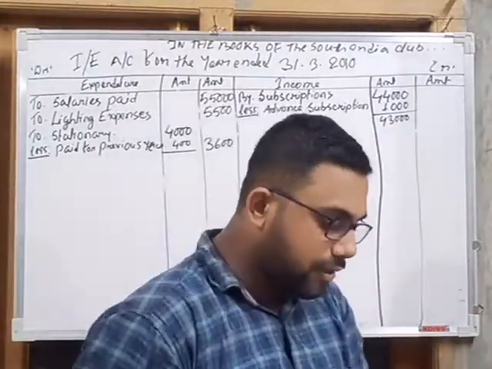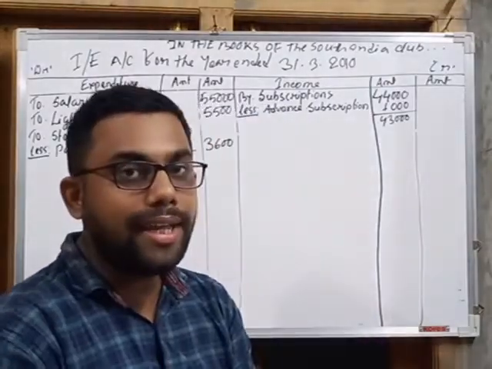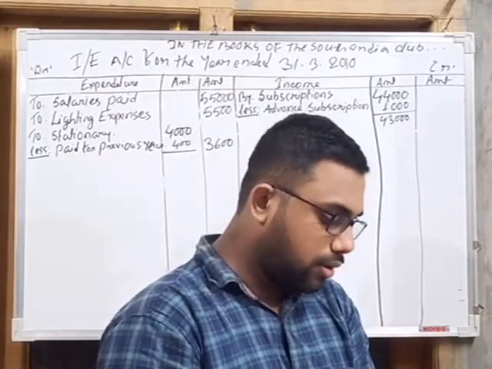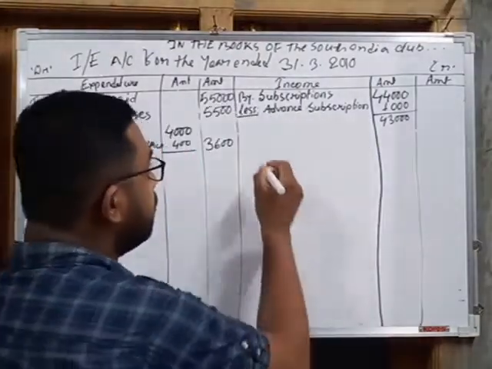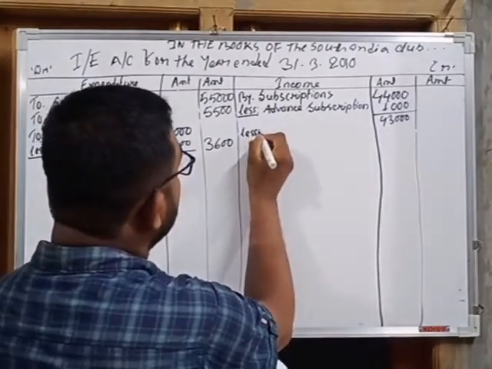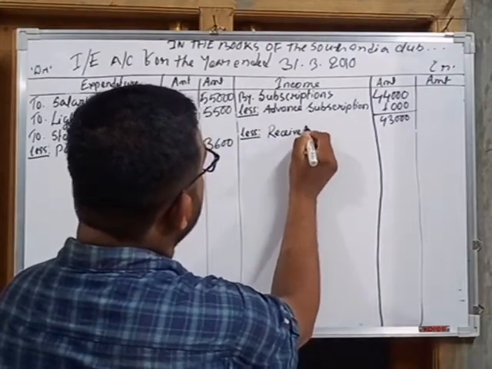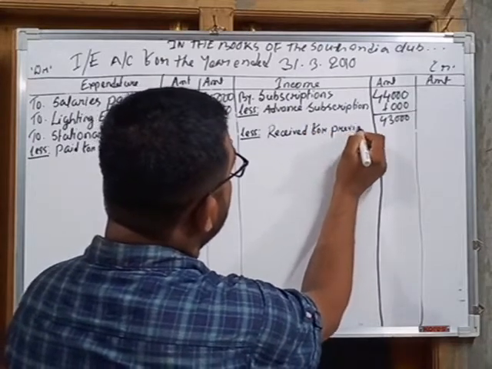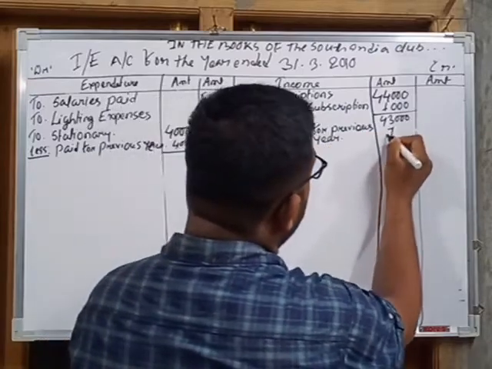And rupees 750 for the previous year. So in the income and expenditure account, we will not take any item for the previous year and for the next financial year. So this item we have to deduct, rupees 750 for the previous year. Received for previous year. What is the amount? 750.